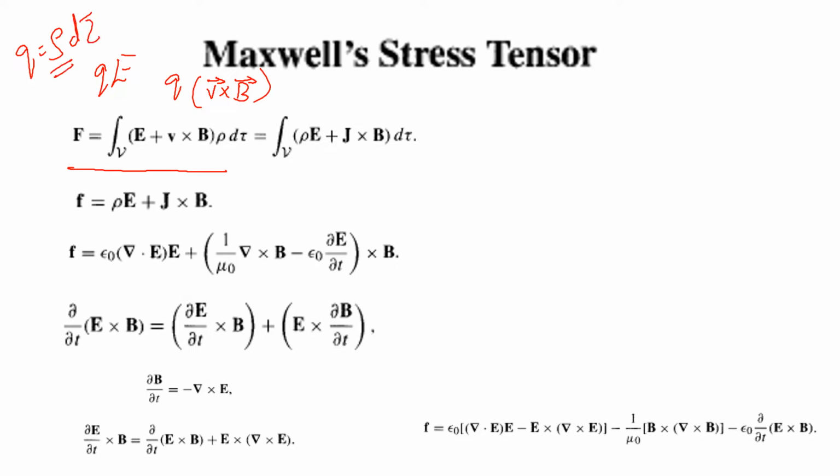Rho is the volume charge density and d tau is the volume element, so volume charge density times volume element gives the charge Q. That is why the expression for total force F is equal to the integral over the volume of E plus V cross B times rho d tau. Now we can expand the bracket: the first term is rho times E, and the second term is V rho cross B.